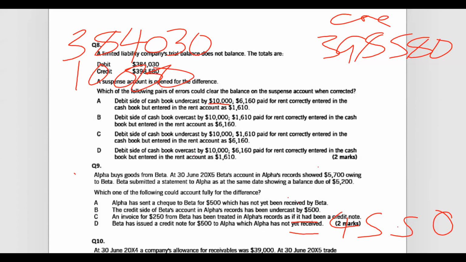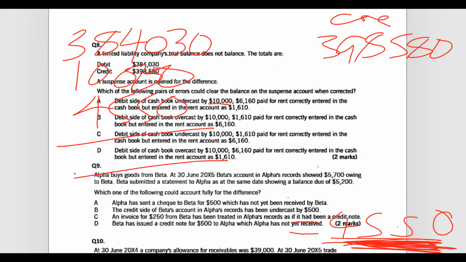Then what about this other difference? When you correct this other error, you also add it, right? That's still on the debit. Forward 4550. What does this give you when you sum this side?